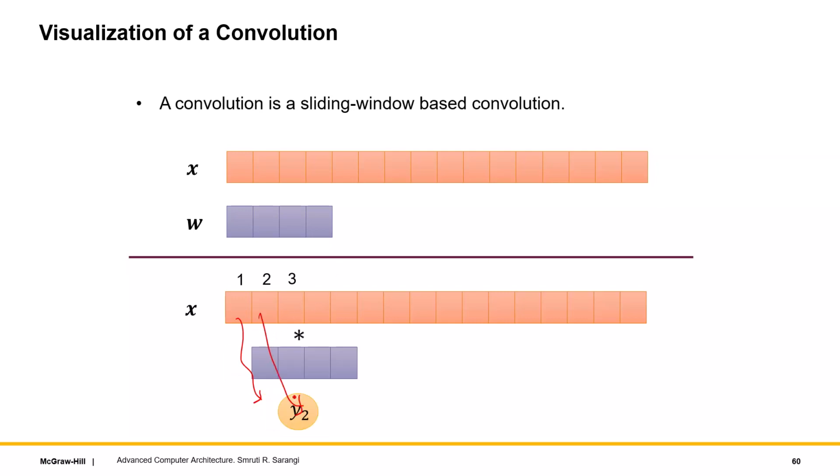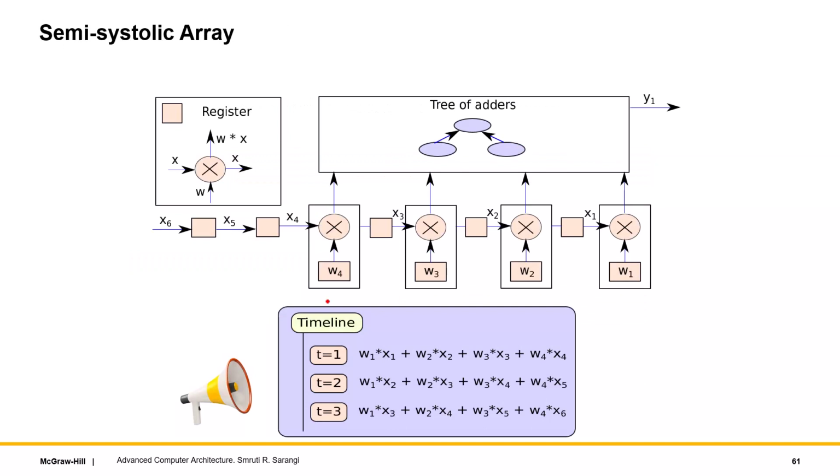Again, this is Y2. Again, this is Y3, so on and so forth. For every step, it's a pointwise multiplication and then we are adding all the partial products to come up with the final result, right?